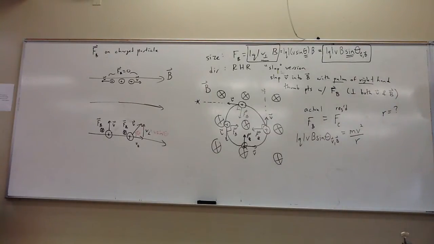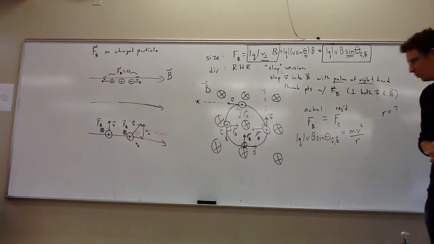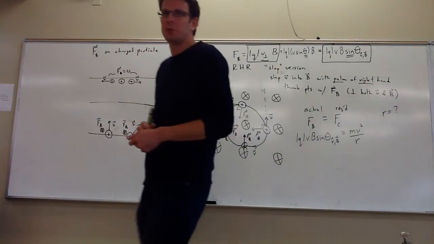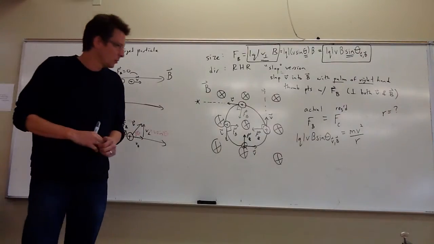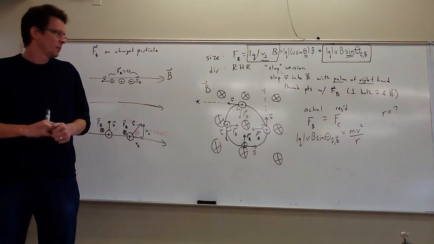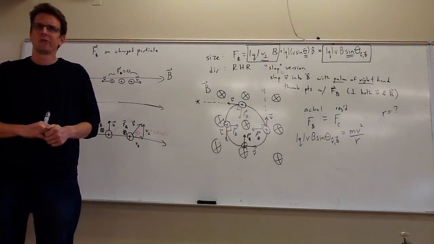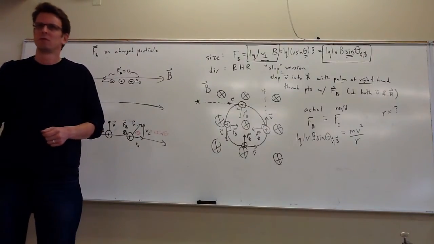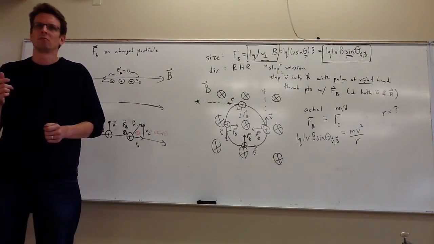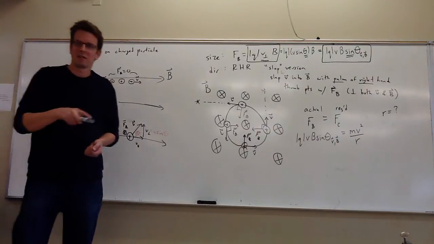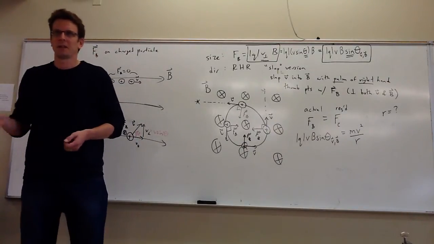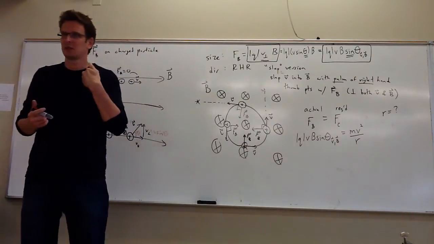First things first, what should be the theta? What theta do we put in the formula? What's the angle between the velocity and the magnetic field? Is it a constant, even as this thing is going around? 90 degrees. It's always 90 degrees, that's right. Even as this thing circles around, it's circling around in the plane of the page, and the magnetic field is perpendicular to that plane.